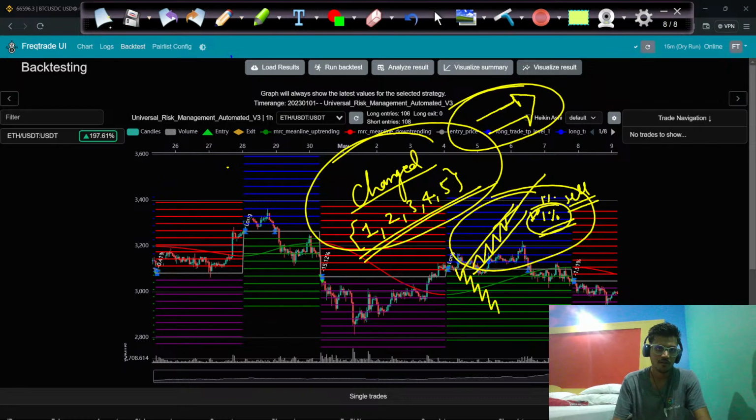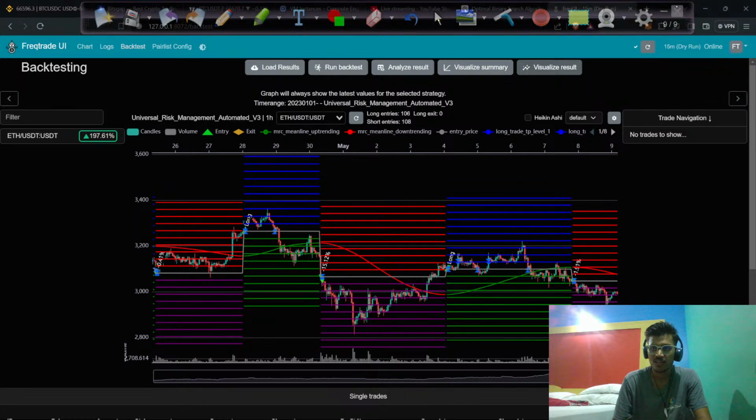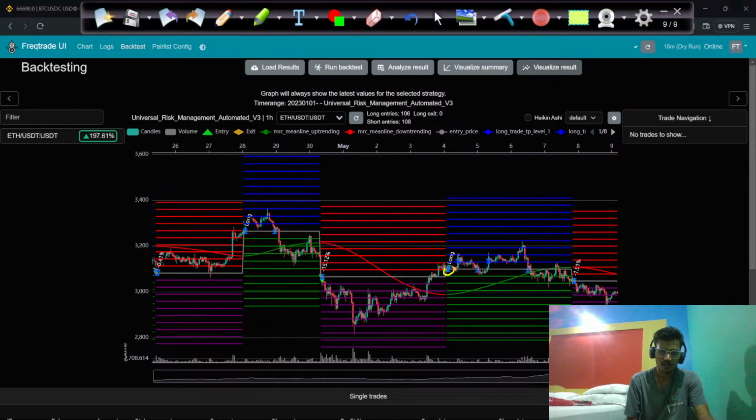Let's do it. So this is what the solution was actually. I was looking for a solution, I saw it while coding it, and here's what the algorithm is. Suppose I enter long here. Price went up. Now price can be here, can be here, can be anywhere. Now how do I know?